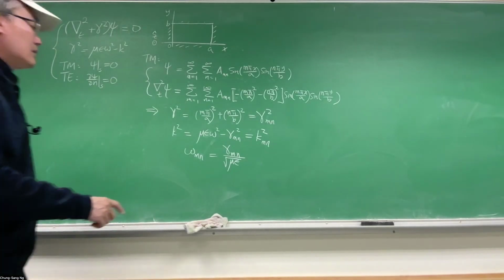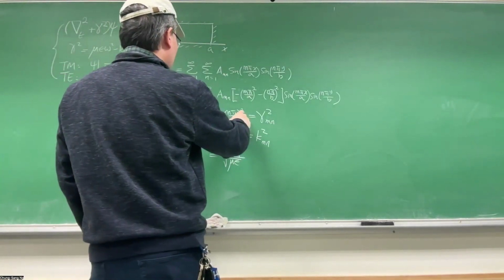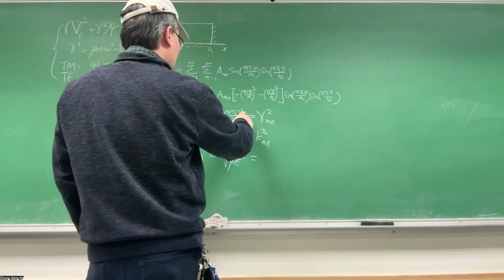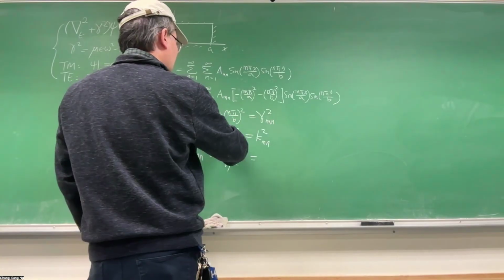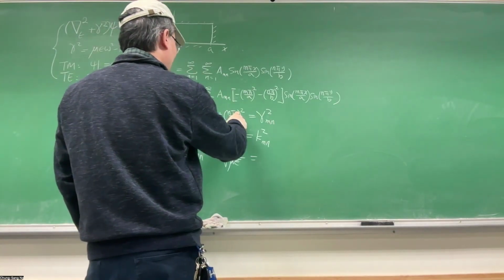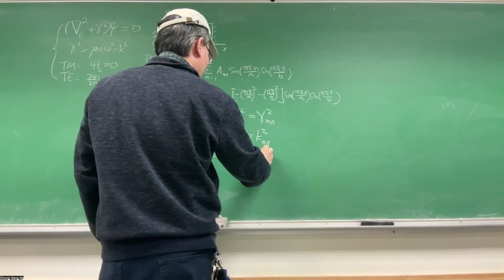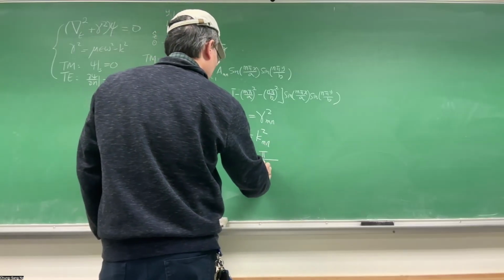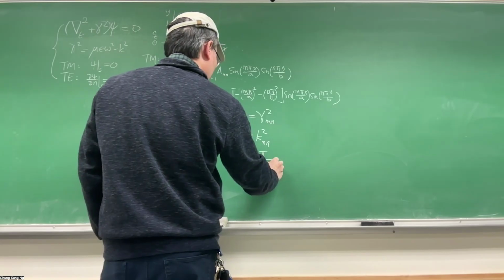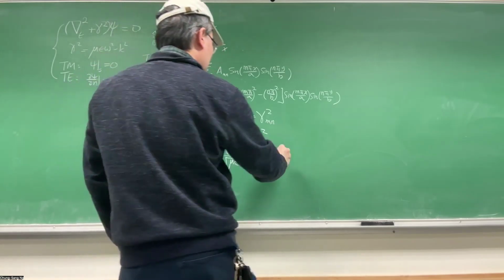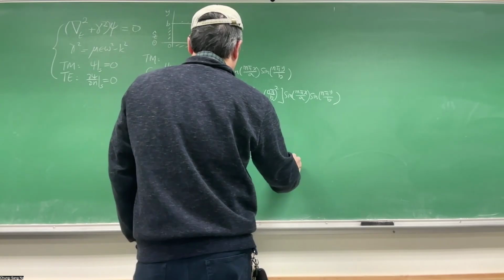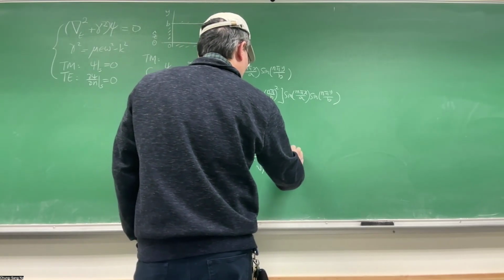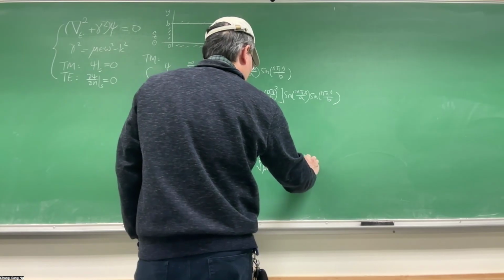Okay, then now we can put this back to here. And when you take the square root, both terms have a pi squared, so we take out pi, divided by the square root of mu epsilon, and then the square root of m squared over a squared plus n squared over b squared.